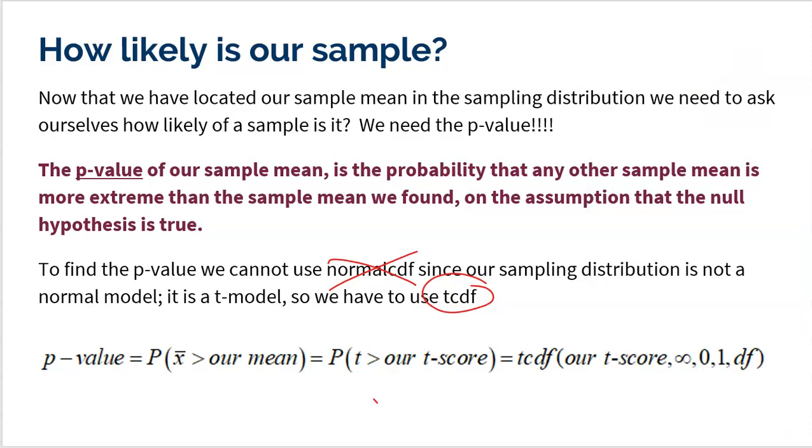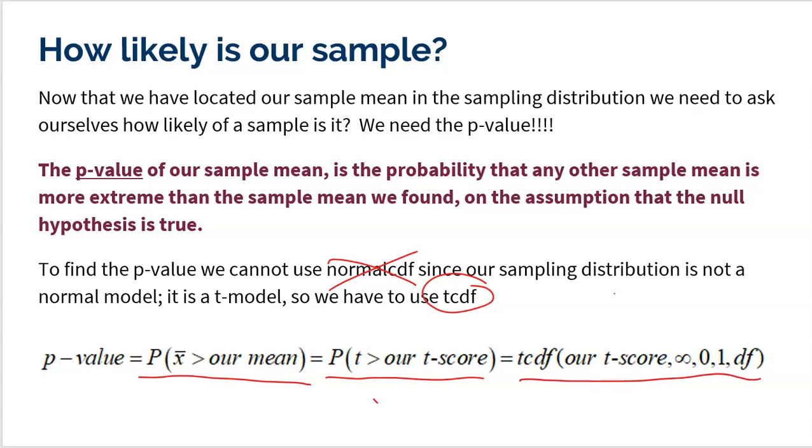To officially find a p-value, it is the probability that a sample mean is greater than ours or less than, depending on your alternative. I just chose the generic greater than. We're looking at the probability that a t-score is greater than our t-score, and to do this we utilize TCDF.